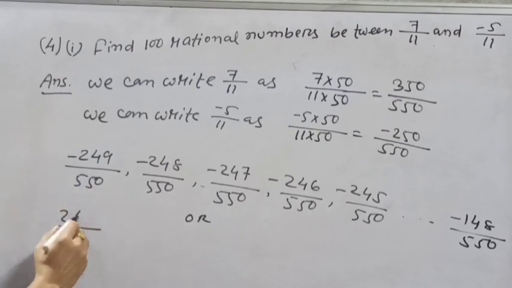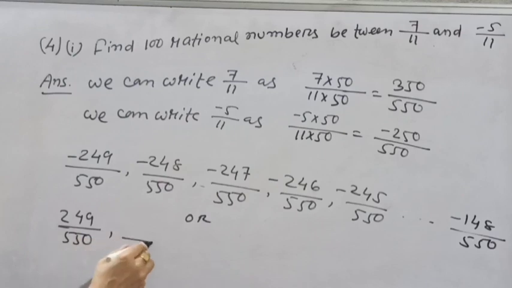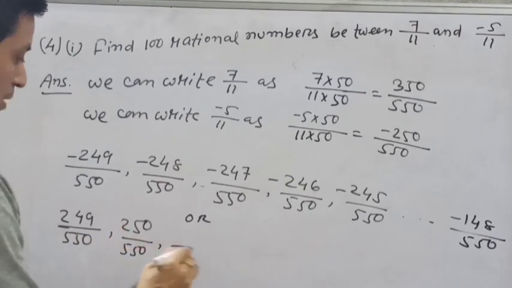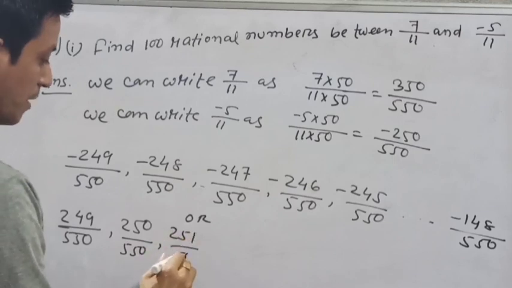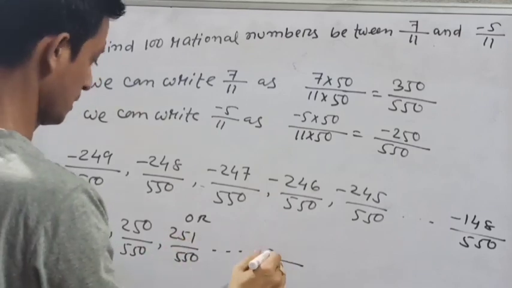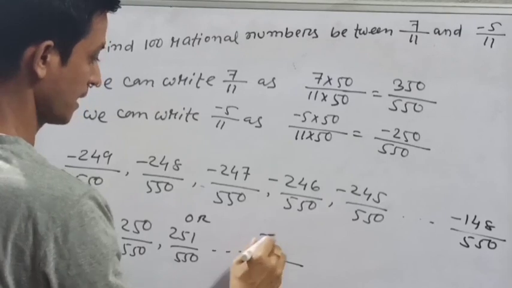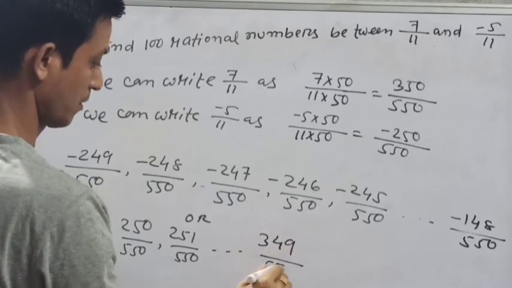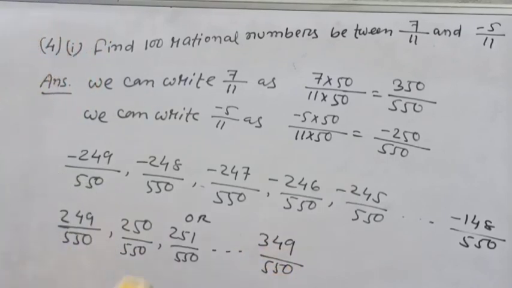So this is the way we can find more and more. So here are 100 rational numbers between 7 by 11 and minus 5 by 11.